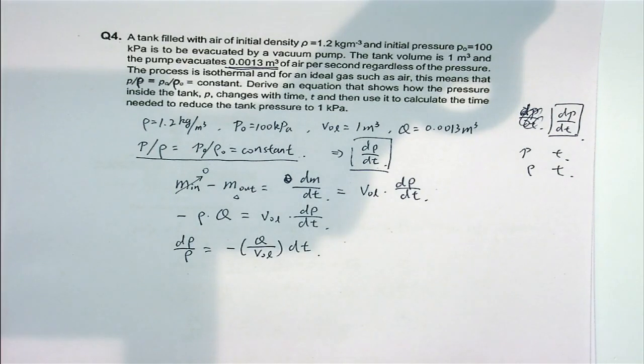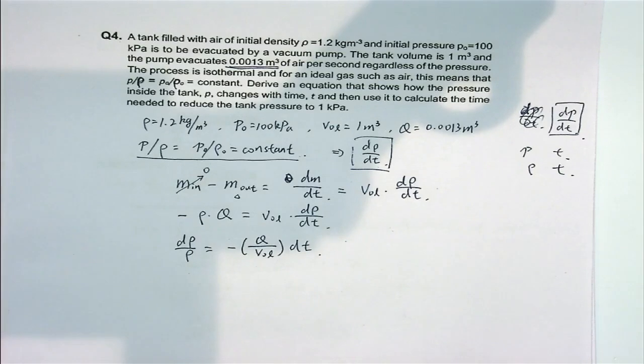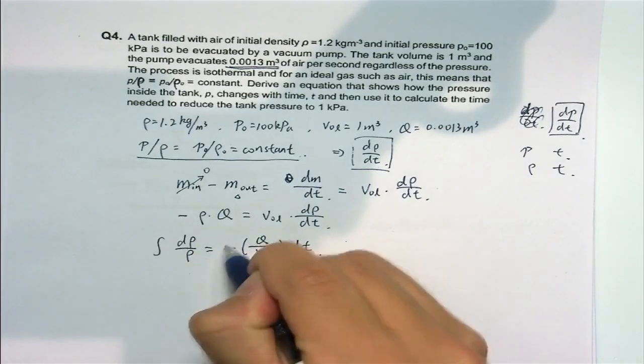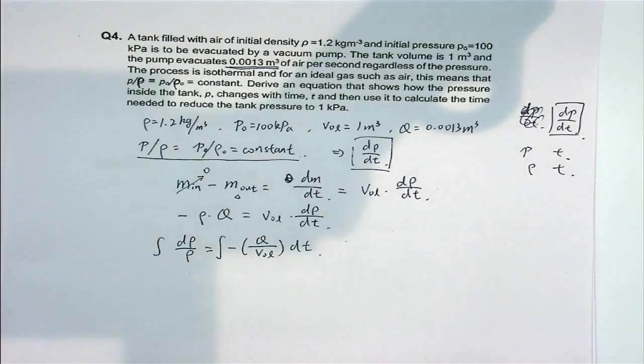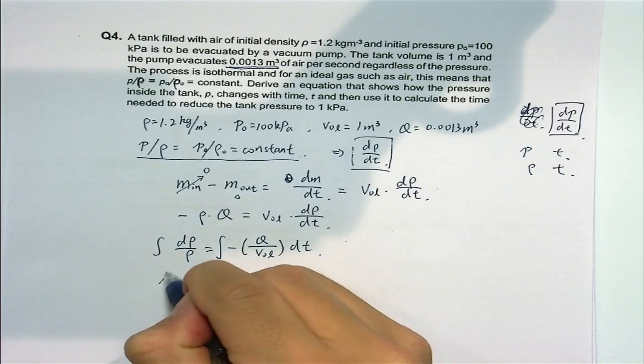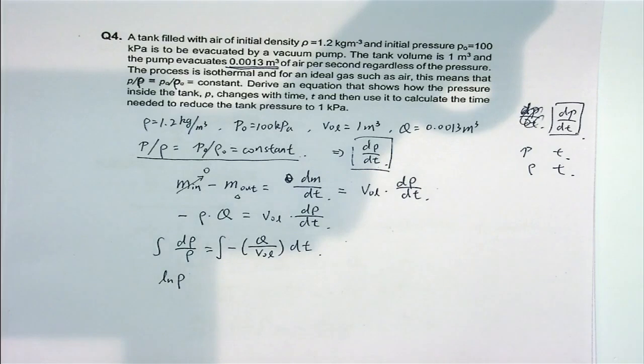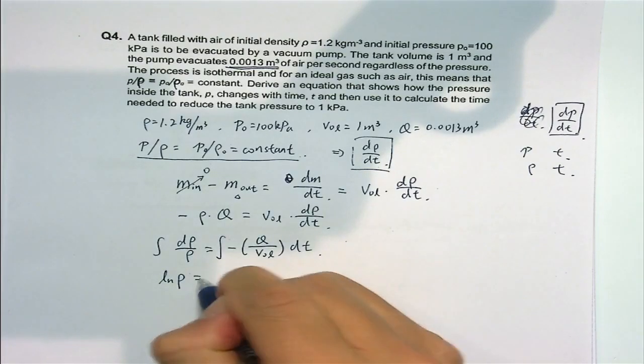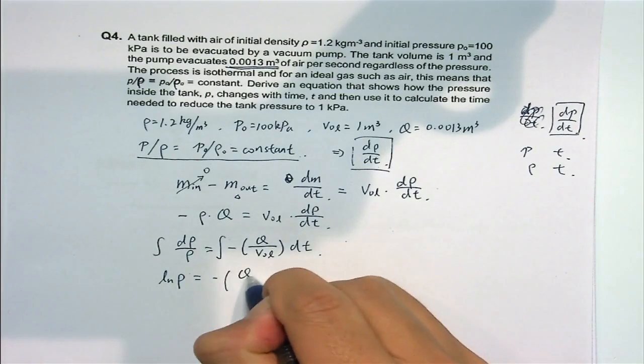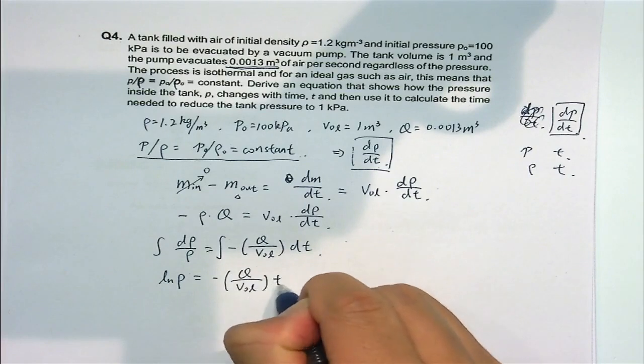And then we need to do the integration, right? So based on this, we do the integration. What is the left term? ln rho. Yeah, it's one over rho, right, on the left term. And on the right term is Q over volume t.